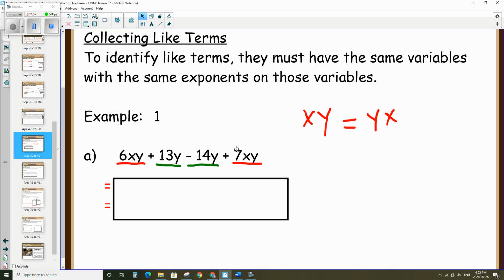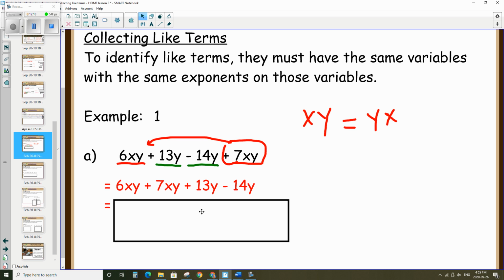Be careful when you're moving terms that the sign that is directly in front goes with that term. So when I move this 7xy beside the 6xy, the plus moves with it, right? I'm going to move it right next to it. And then I have these 2 terms that are right next to each other.